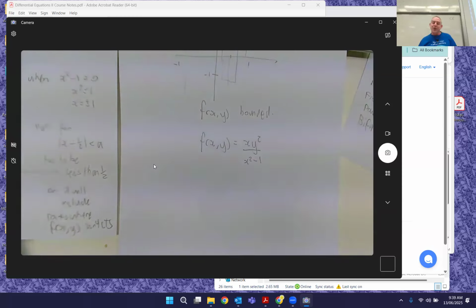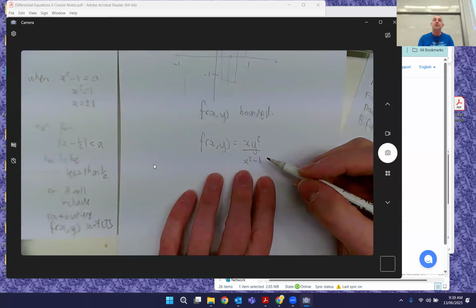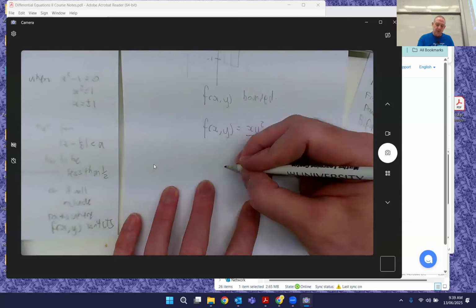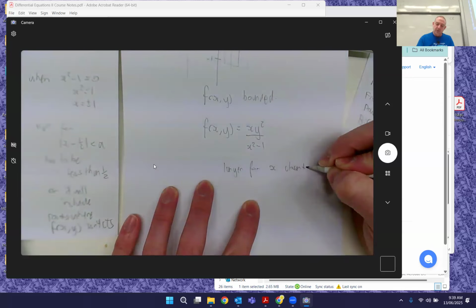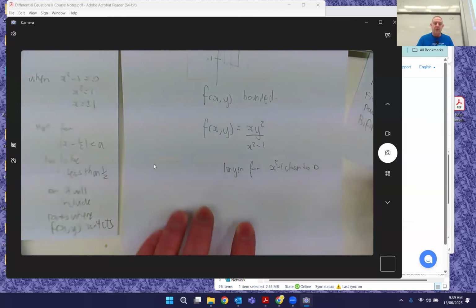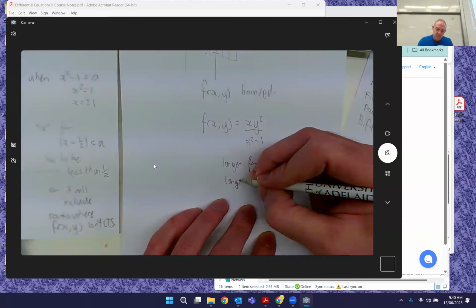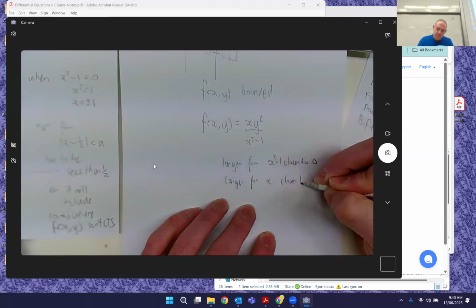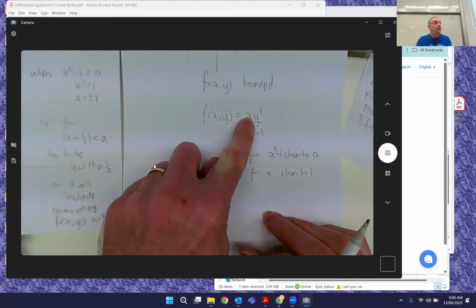So I'm just going to ponder this and think, okay, so this will get bigger the closer x squared minus 1 is to 0. So this is larger for x closer to 0 in the denominator, so that means x closer to 1. And it would also be bigger when x is bigger, because the numerator would be bigger.